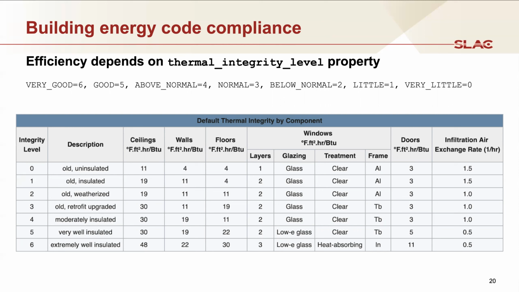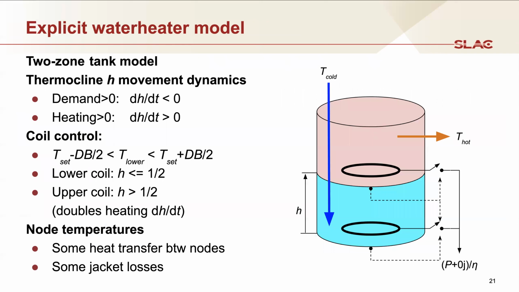So it's a good idea to look at that. I believe normal is the default, if I'm not mistaken. And so it's not a bad idea to set that appropriately, because it can have a pretty significant impact on the overall performance of the buildings.